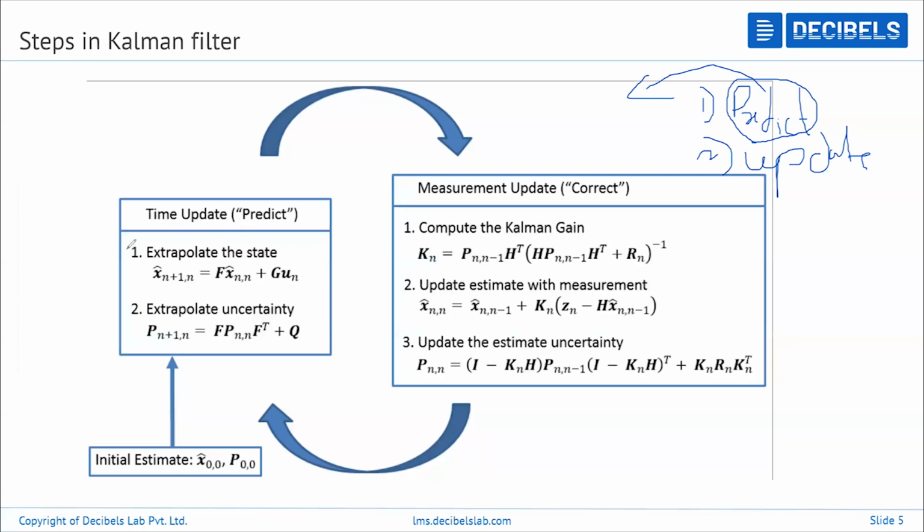Whatever the model, as I was saying, the vehicle model, or if I take the cell, the cell model, and the battery when it is connected in series and parallel, all these can be represented in the state equation, which comes in the predict.